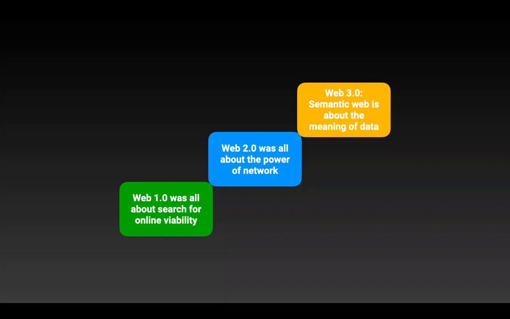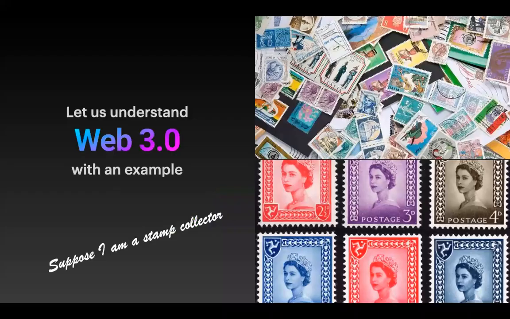They are not useful. The whole idea is to get what is required, and as much as is required is enough for me. Because of that, adding meaning to the data is very important, and we will learn how to add it. So let us just say I'm a stamp collector.